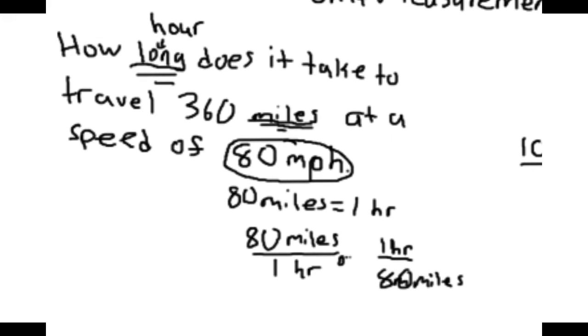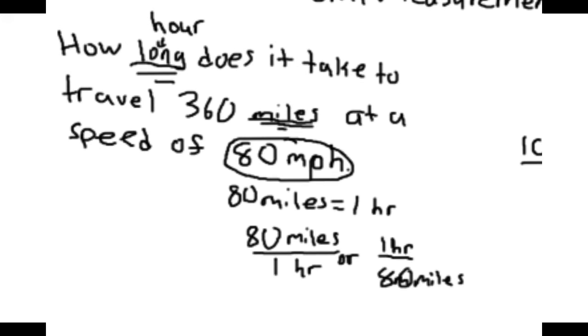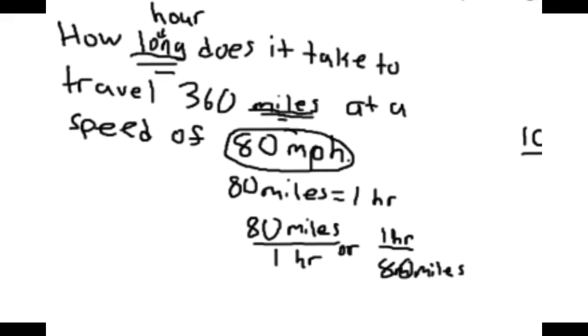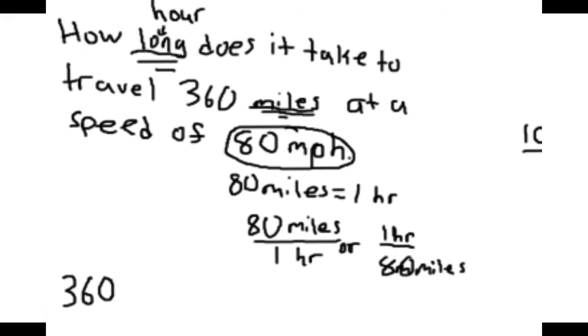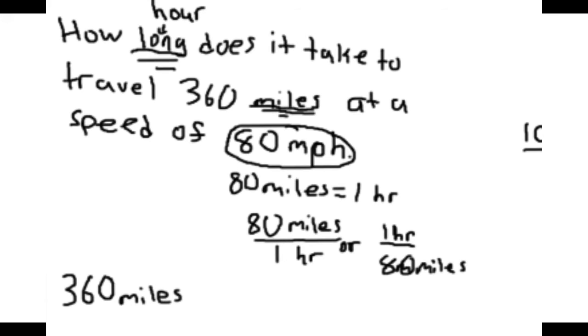Now, when you have a conversion factor, you always want to multiply it by what you're starting off with in order to get your answer. So let's say we're starting off with 360 miles, and we want to calculate how many hours that would take.